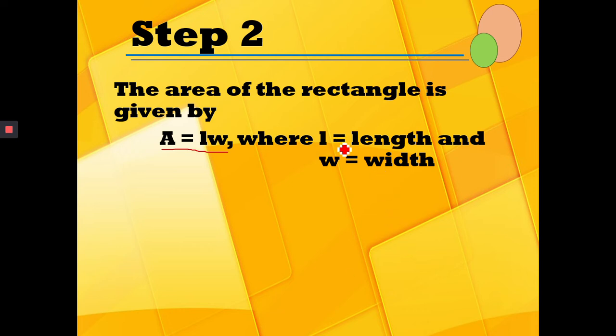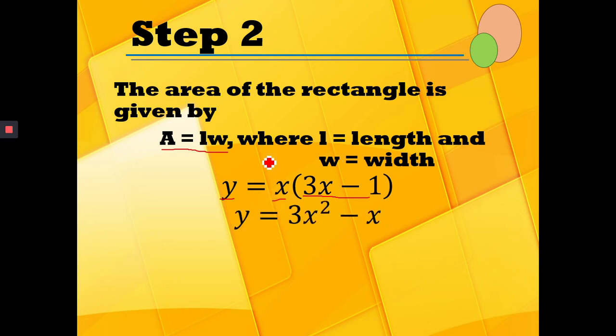Now we will be using the given, yung kanina po na ginawa natin na representation on step number 1. So it says here that the area, which is equal to y, is equal to length times width. So this is the length, this is the width. So what are we going to do? Multiply.